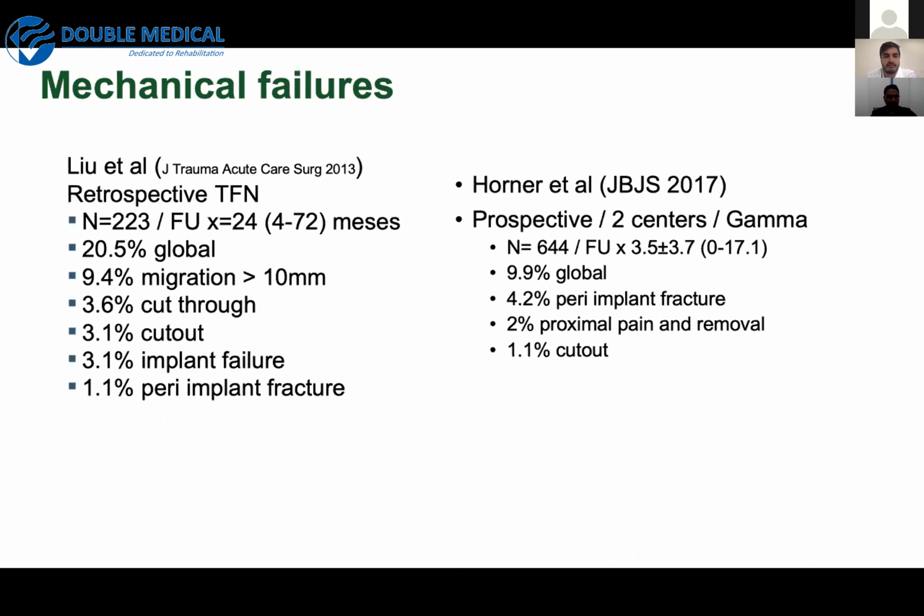These two papers show that with different implants, you can have around 10 to 20% of global failure, with migration, cut through, cut out, implant failures, and peri-implant fractures. So this is an issue that we have to attend.